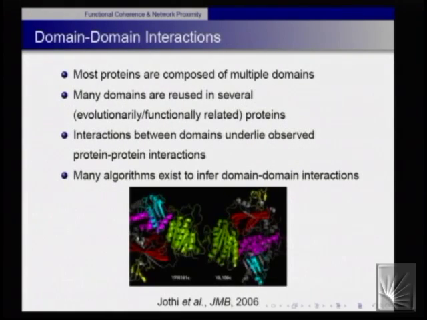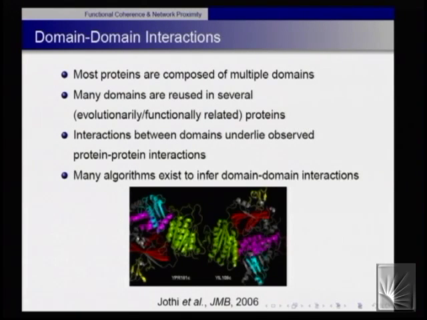So our idea was, can we use domain-domain interactions for this kind of analysis? I will explain what a domain is. A domain is a part of a protein that is independent, evolutionarily, structurally, and functionally, with careful use of the word independent.